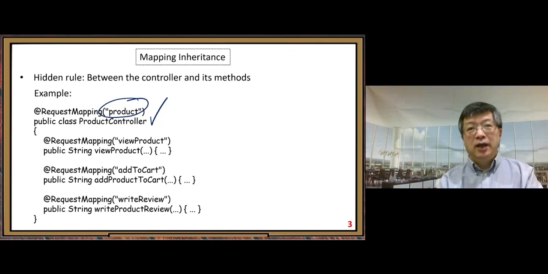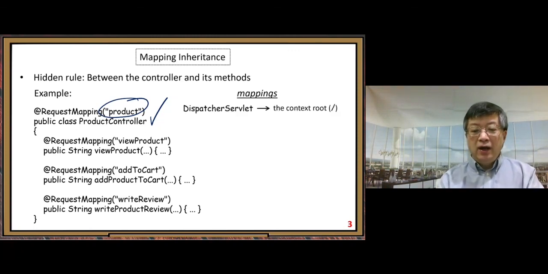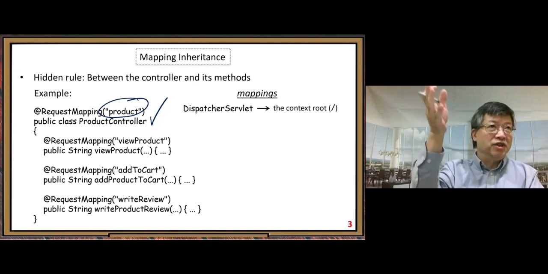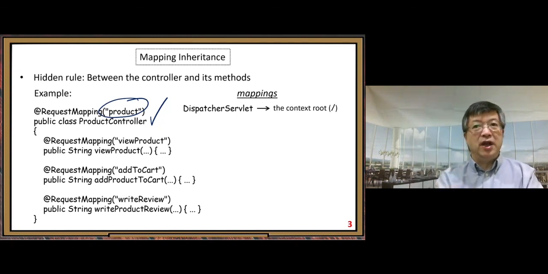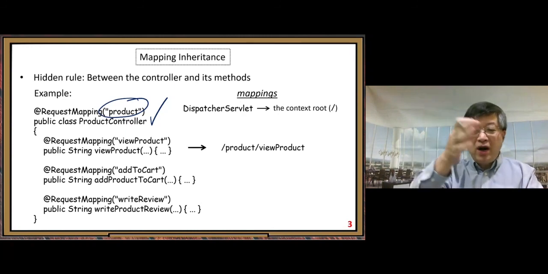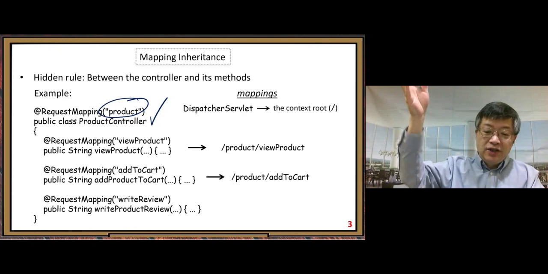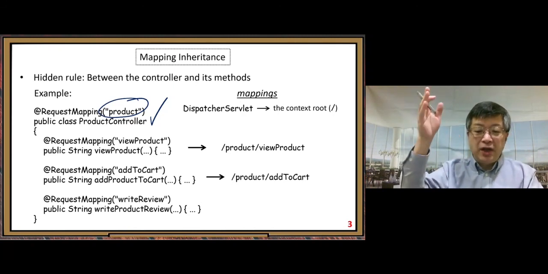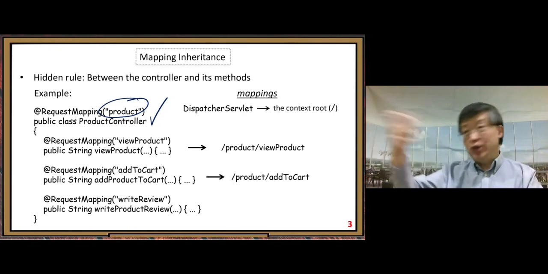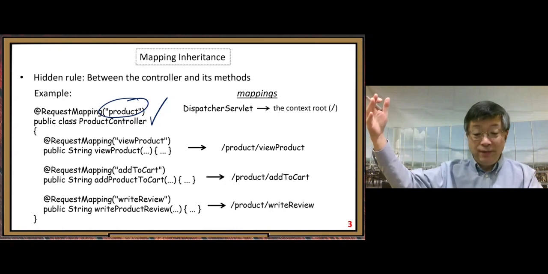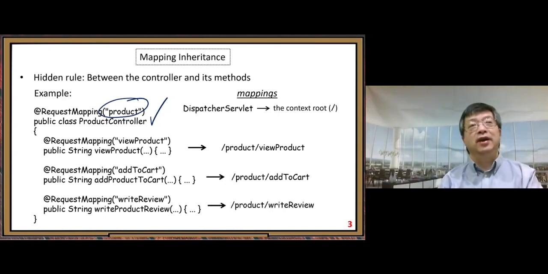Still the context level is one single /. Now the first method is /product/viewProduct, straightforward, right? Second, /product/addToCart, straightforward too. So simple, so easy to understand. Then the third one.